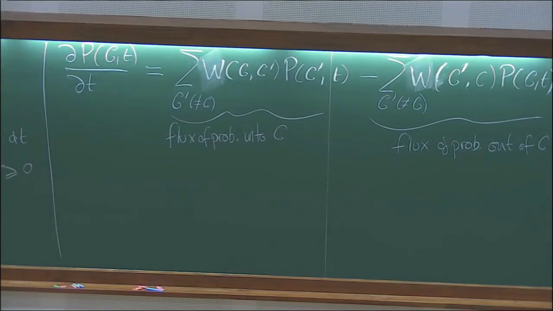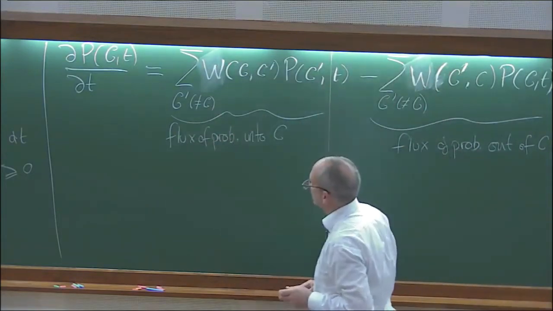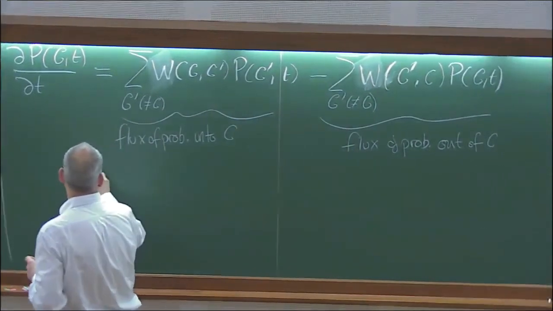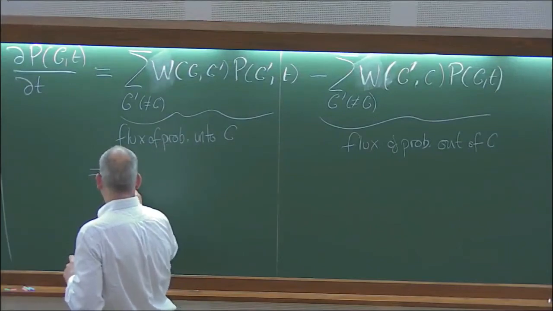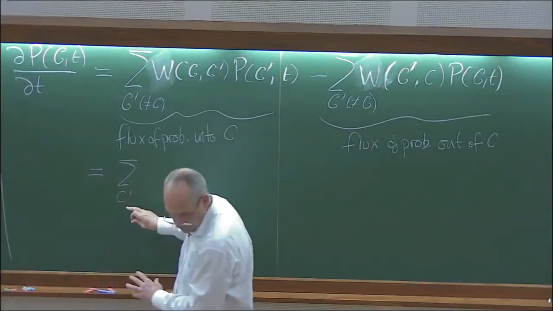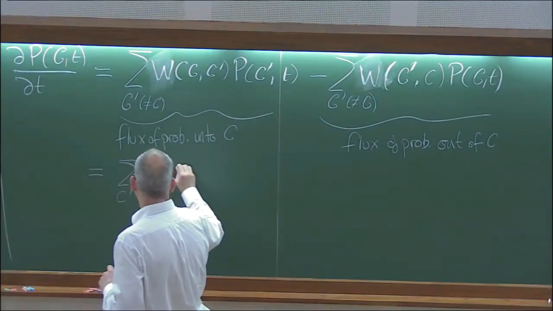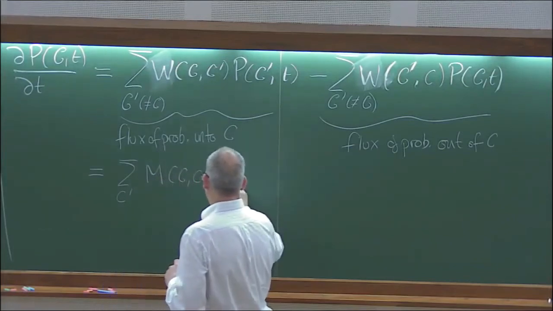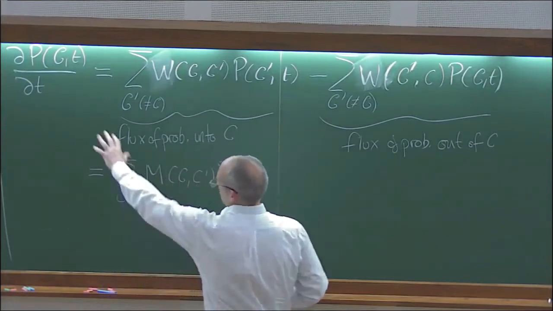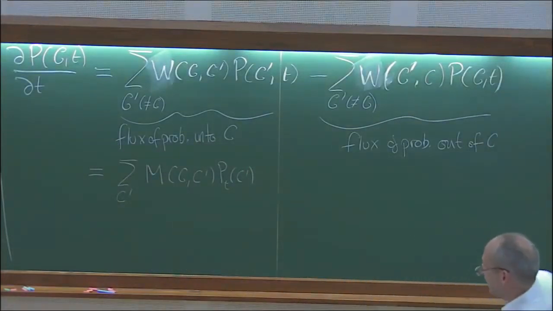We can tidy it up a little bit by putting all this together into one matrix equation. So I can write it as, now this is where I wanted to write M, the sum over C primed, and this time I'll include C in the sum. And I can write it as M of C, C primed, P of C primed at time t. So then it's a simple matrix equation for the first derivative in time.